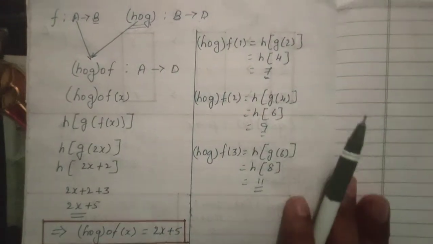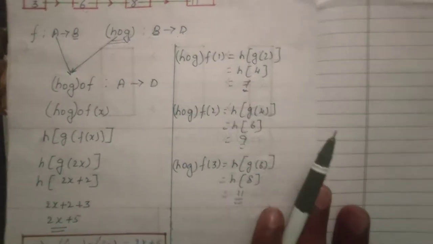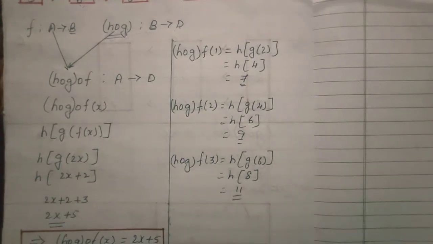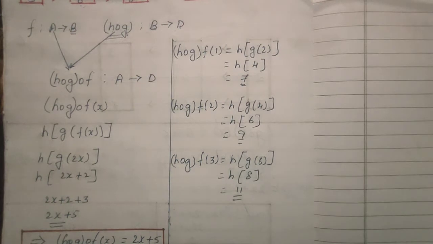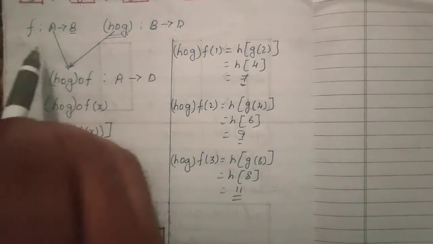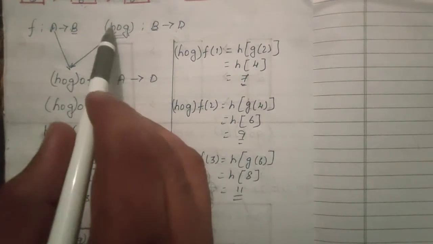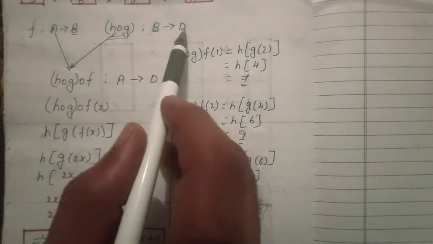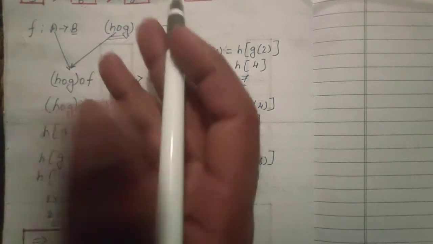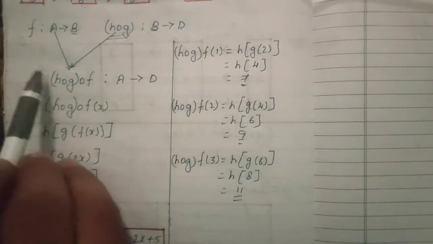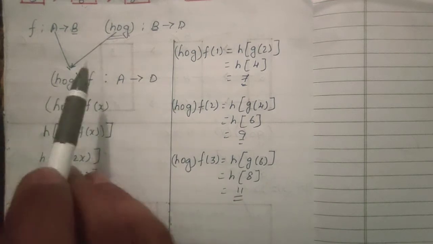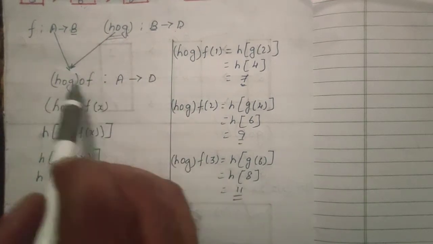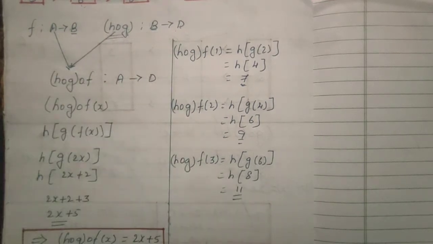Very interesting. Have patience to understand. See, this is one function, this is another function. A to B, B to D. When you combine these functions, h of g of f. When I combine f and g, I say g of f.